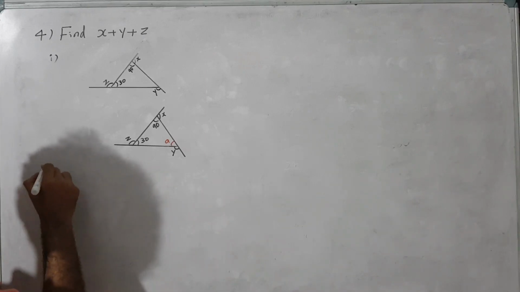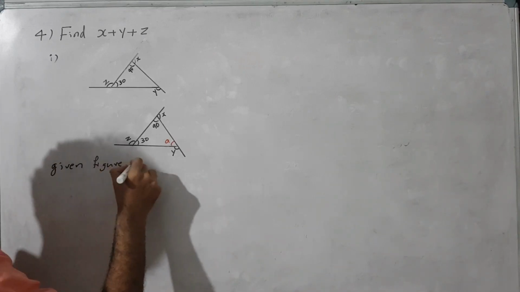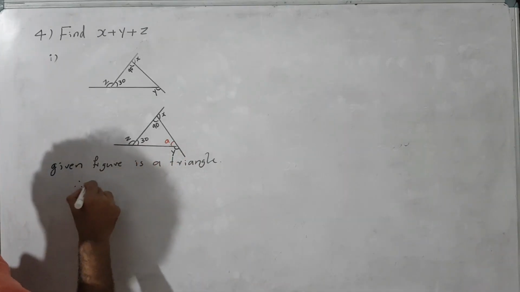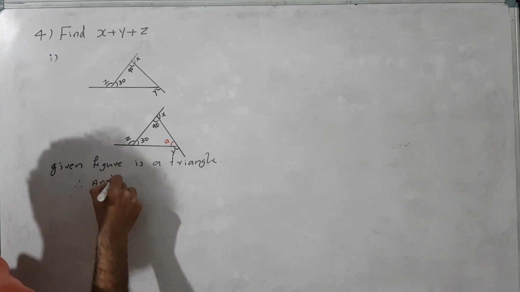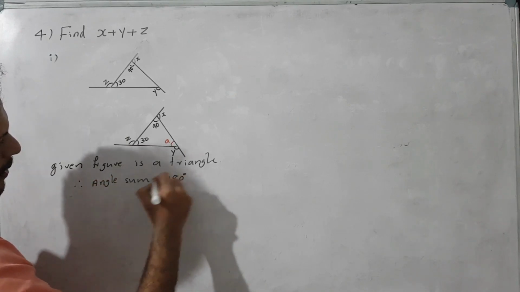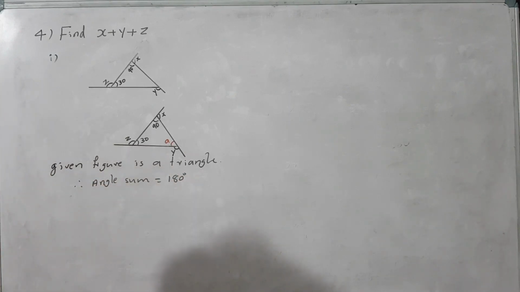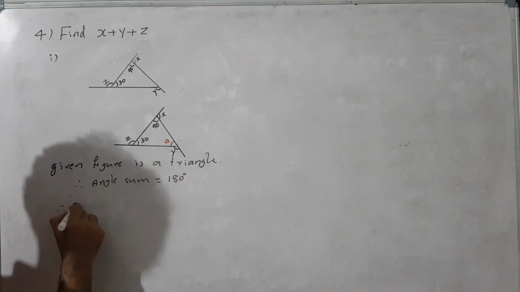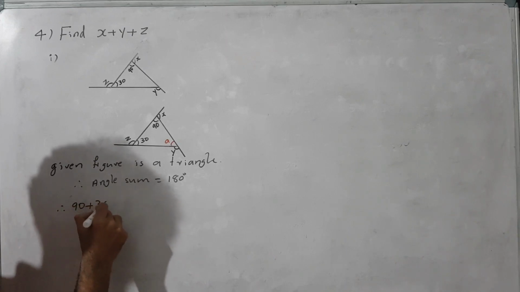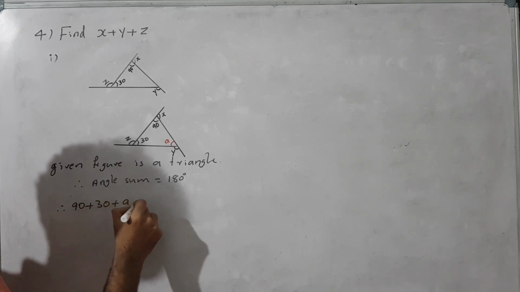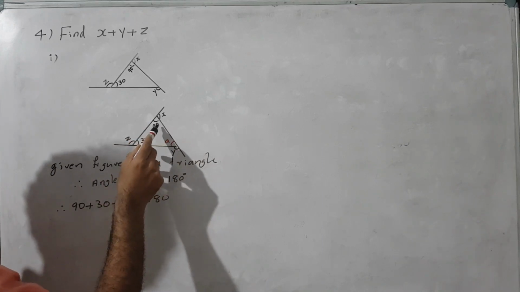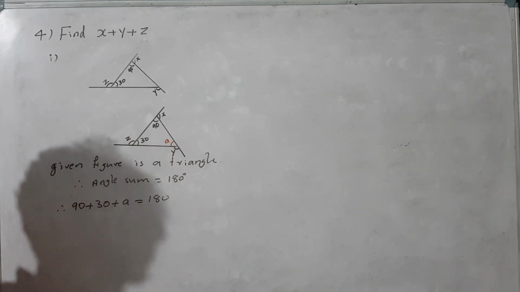The given figure is a triangle. Therefore, the angle sum is equal to 180 degrees. Then what are the angles? The interior angles are 90, 30 and a.